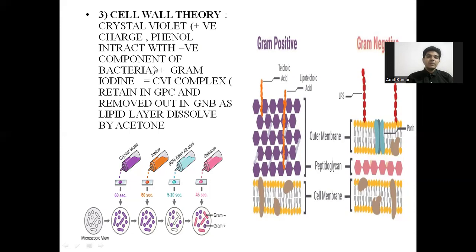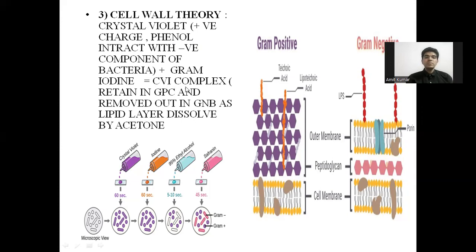Then after that we put gram's iodine. This gram's iodine combines with the crystal violet, which leads to the formation of the CVI complex. CV stands for crystal violet and I stands for iodine.